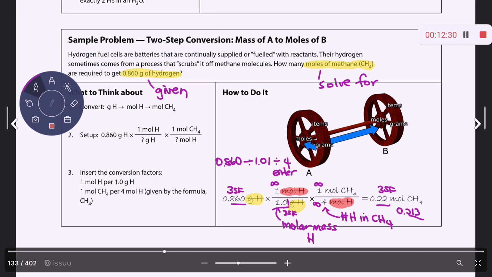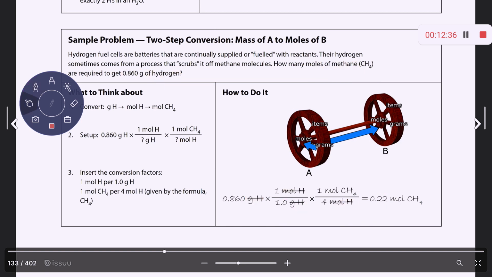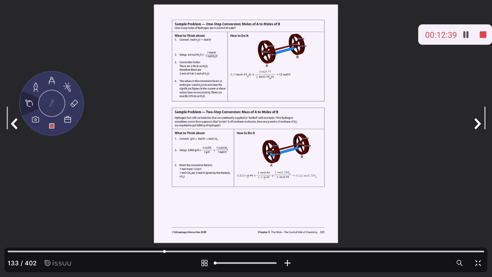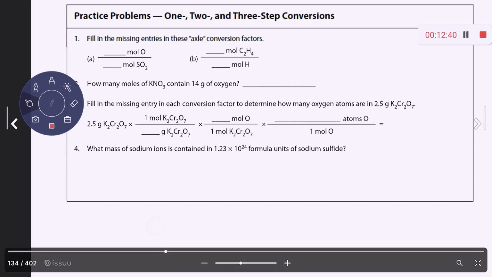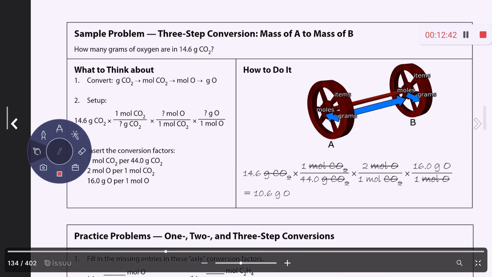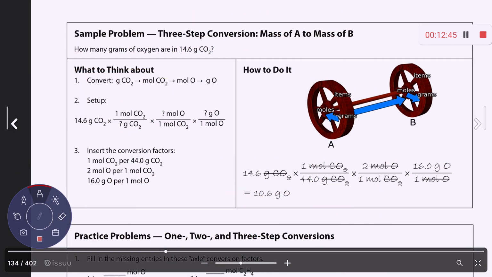On the next page, we're going to look at the sample problem as well because that one's slightly different. Does everybody have this? Okay, so for this one, they want to know how many grams of oxygen are in 14.6 grams of CO2. So here you are given CO2. We're solving for grams of oxygen.